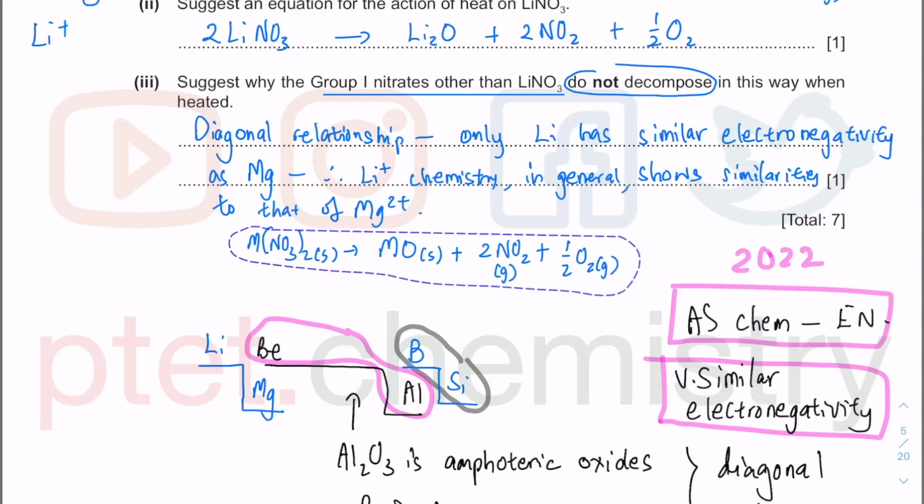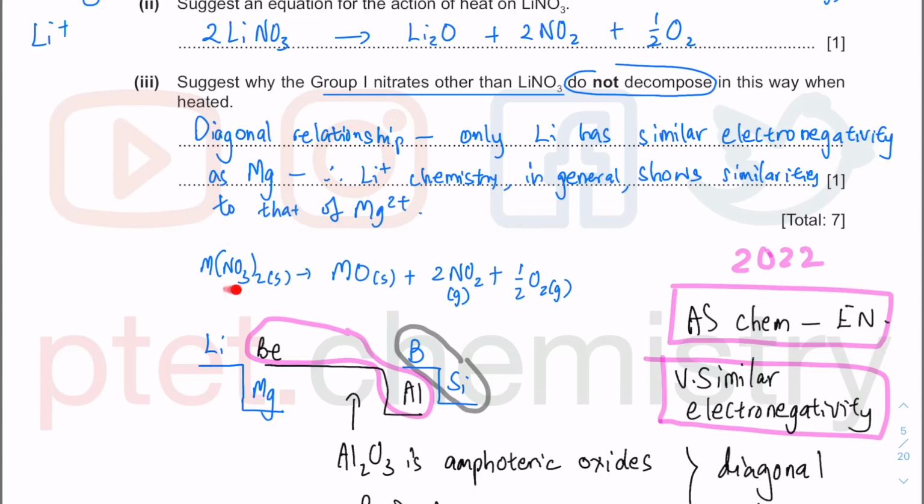Okay, so hopefully that makes sense. But of course, this is not for the group 1 metal, this is for group 2 nitrate, group 2 metal nitrate decomposition in the presence of heat. Not too much you can write for that 1 mark, but it's definitely to do with diagonal relationship and similar electronegativity, therefore similar chemical reactivity as well. And that's the end of that 7 mark question there.